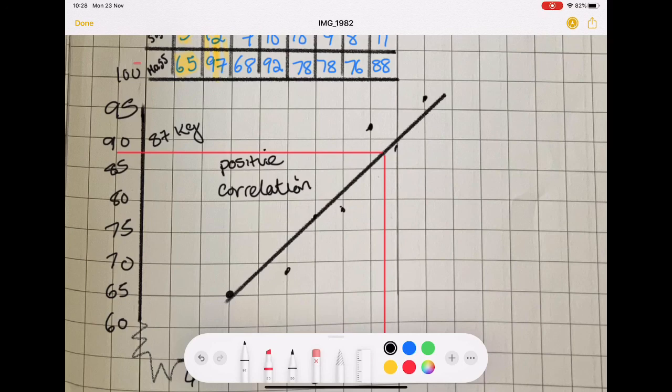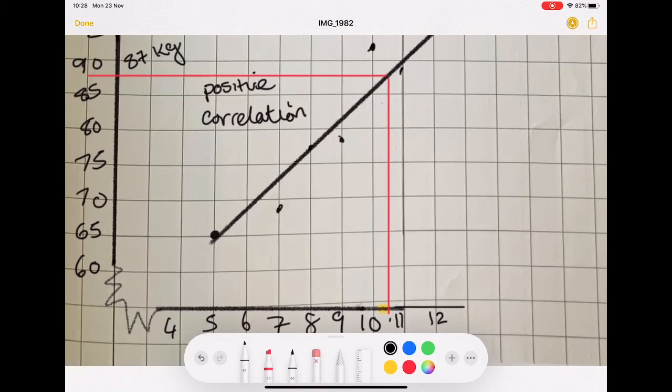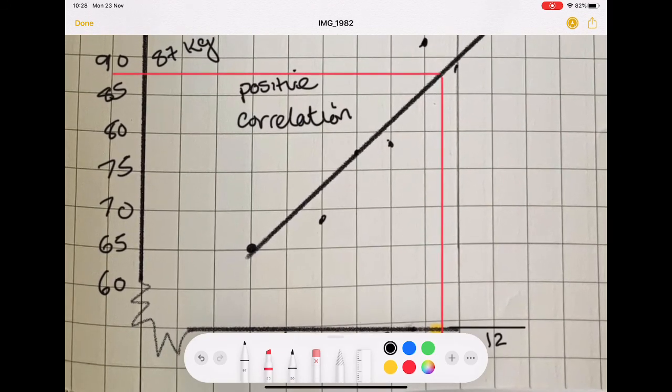Okay, if you've got an accurate line of best fit, then you can use your scatter graph to predict other figures quite accurately. You can't do that if your line of best fit is in the wrong place.